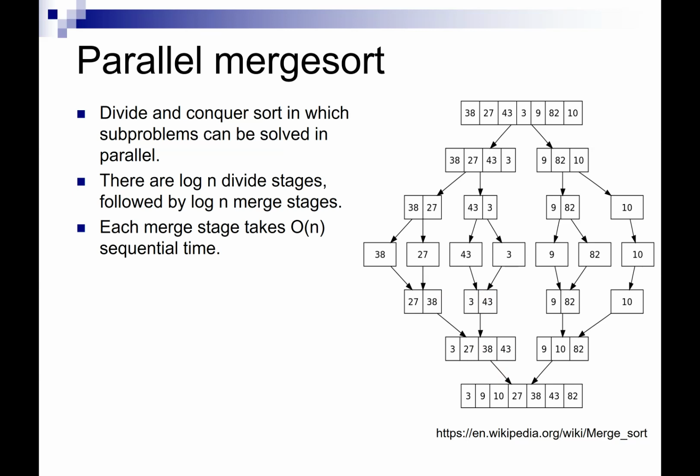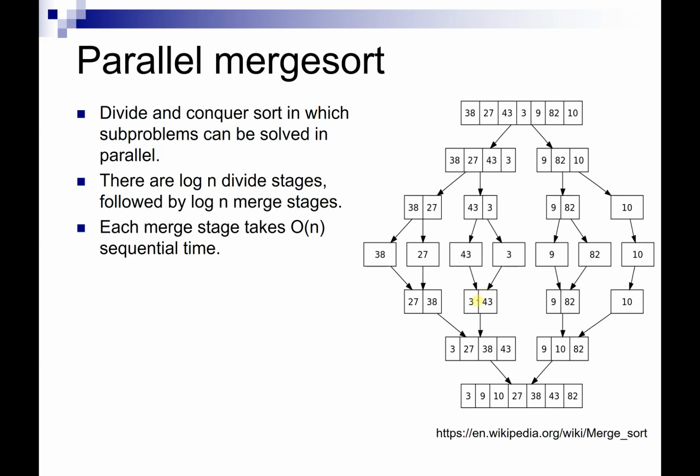Now, in a parallel setting, we still need to do these divide and merge stages. The divide stages are easy to do in parallel, because you don't really need to do anything. You just take part of the array. But what is not so obvious how to do in parallel is, suppose you want to merge 2 arrays, this array and this array.